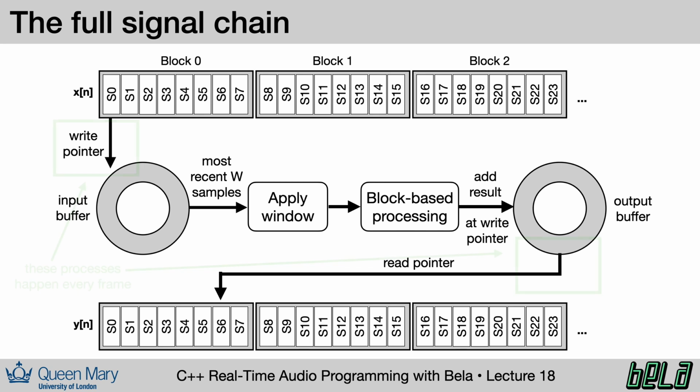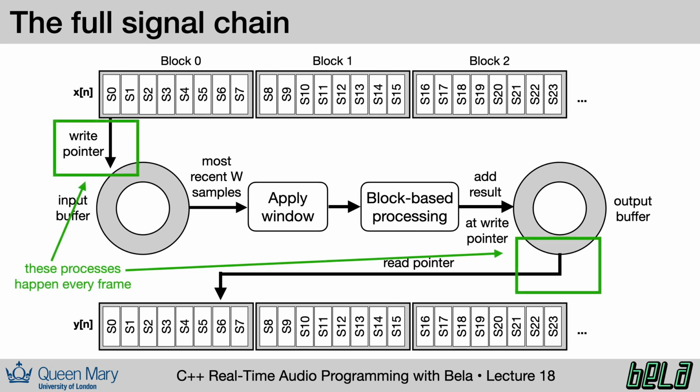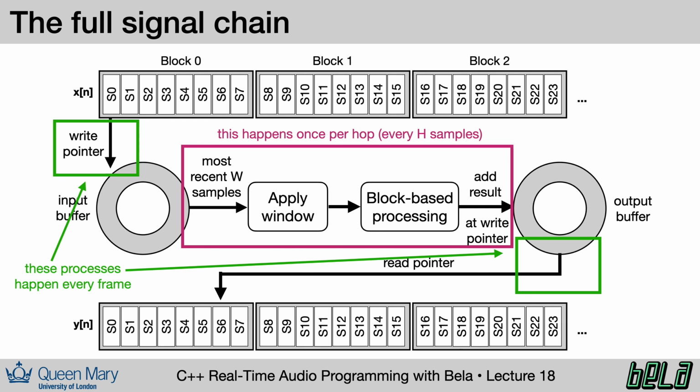Now the processes highlighted here happen once every audio frame. One sample of the output buffer is stored into y of n, and the read pointer advances by 1. By contrast, the process in the middle, which is our block-based process, only happens once per hop. This is where we extract a window of samples from the input buffer, apply a window function to it, and then run some kind of block-based processing, such as an FFT effect.